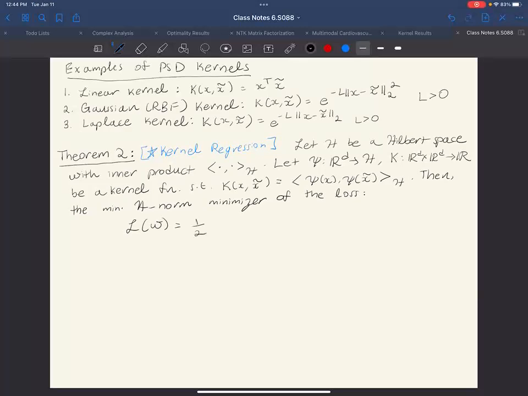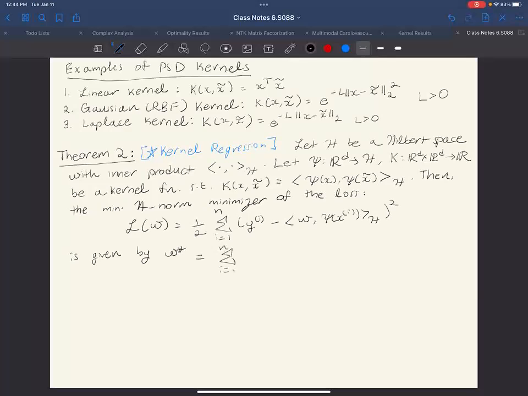We just have a bit of overhead when writing this statement, but it's basically what we've said so far. So we're minimizing this loss. The minimizer we saw is given by w star.